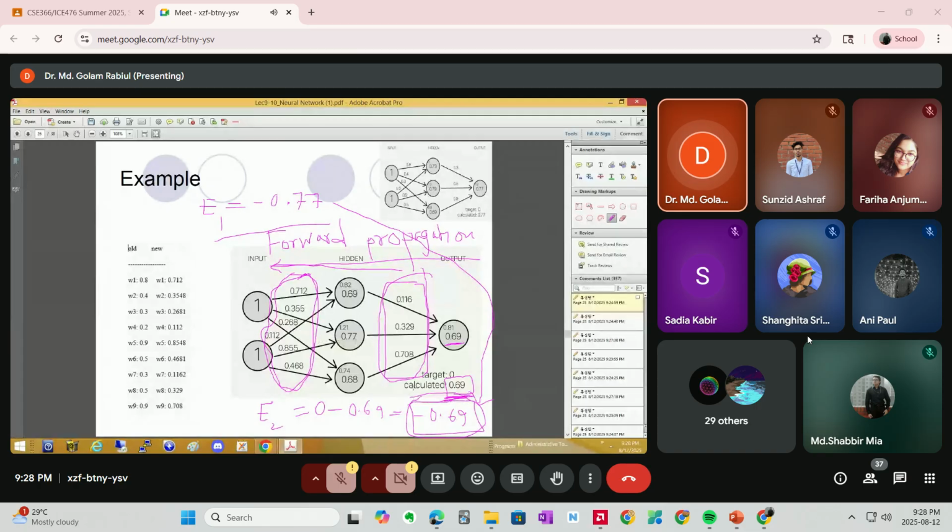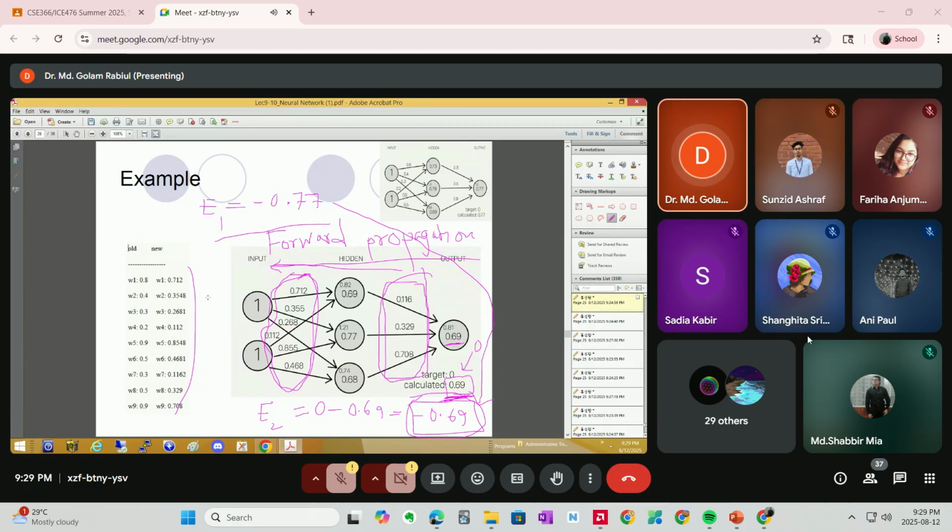Then we will see that the error is minimized also in the third iteration, and in the fourth iteration the error will be reduced more. If we continue maybe 100 or 1000 iterations, finally the target is 0, and we will get a value nearly 0. So this is how the weights are updated, to match the input and output.